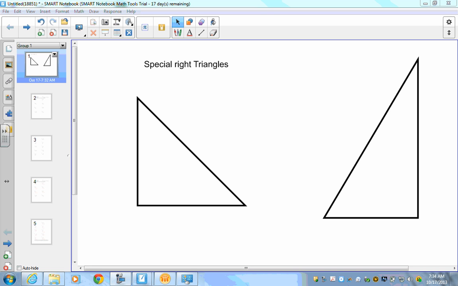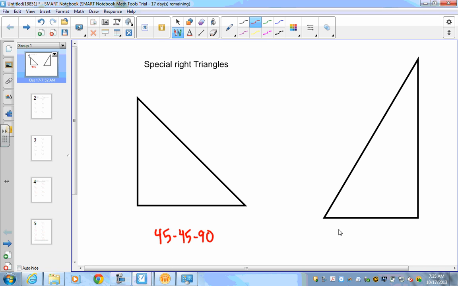Okay, now the special right triangles we're talking about are what is called a 45, 45, 90 degree triangle, and also a 30, 60, 90 triangle. A couple things I want to make sure we're clear on is that we're talking about right triangles, which means you're still dealing with right angles for both of these.